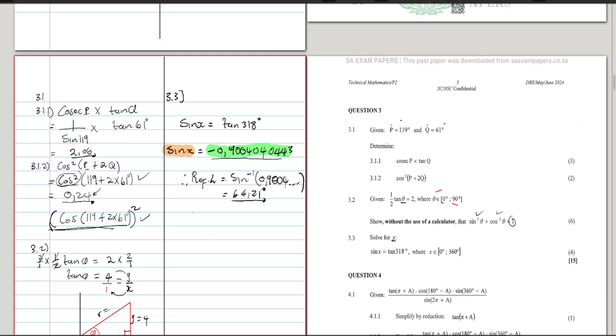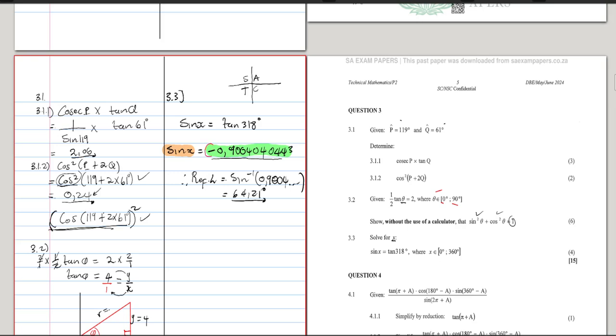Now we're going to have solutions in two parts of the CAST diagram. CAST says in the fourth quadrant cos is positive, in the first all of them are positive, in the second only sine is positive, in the third only tan is positive. So our solution is going to be found in two distinct places.